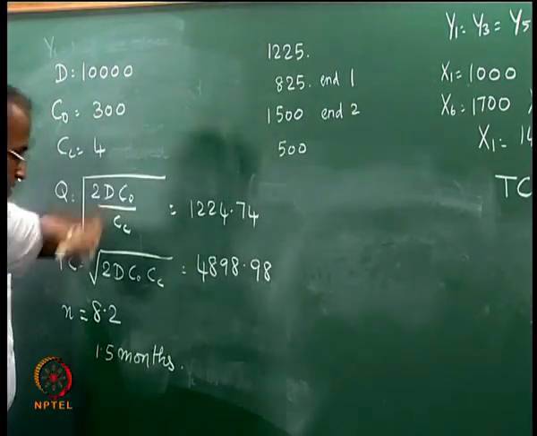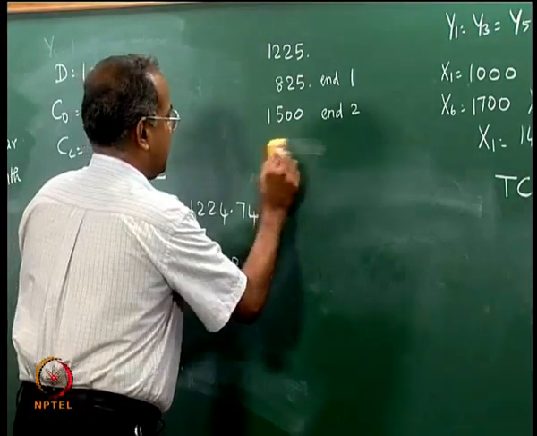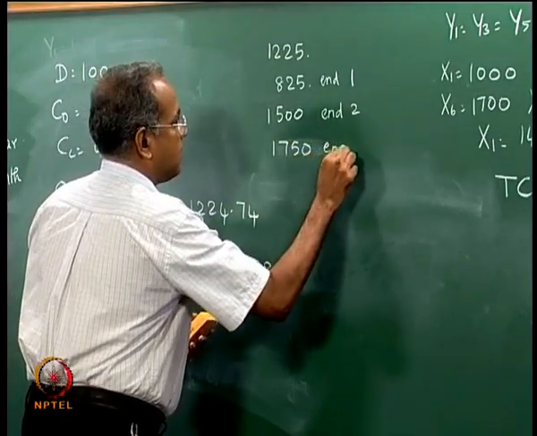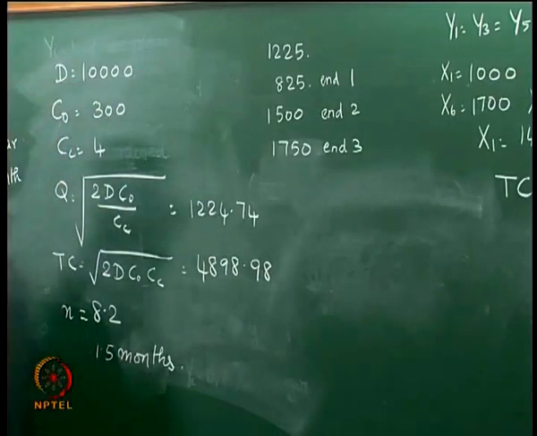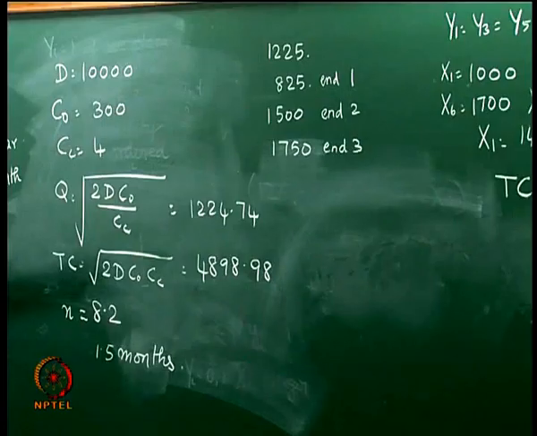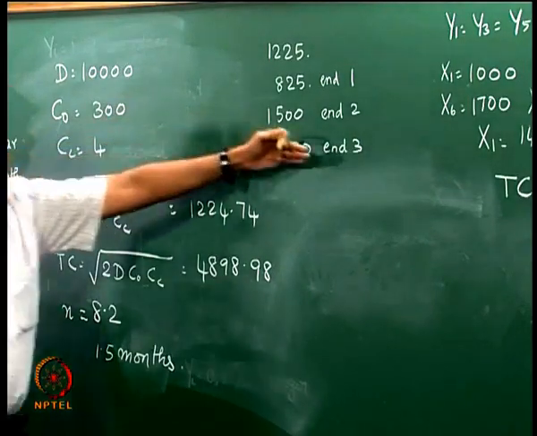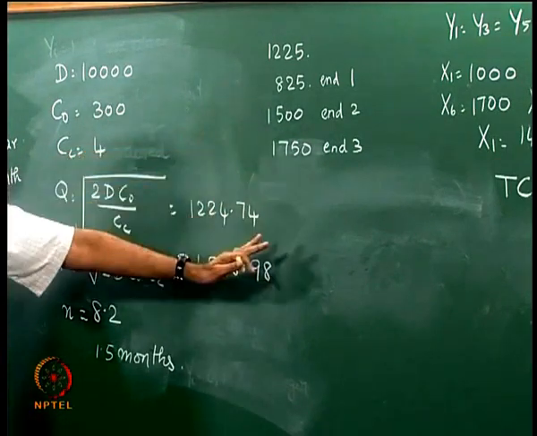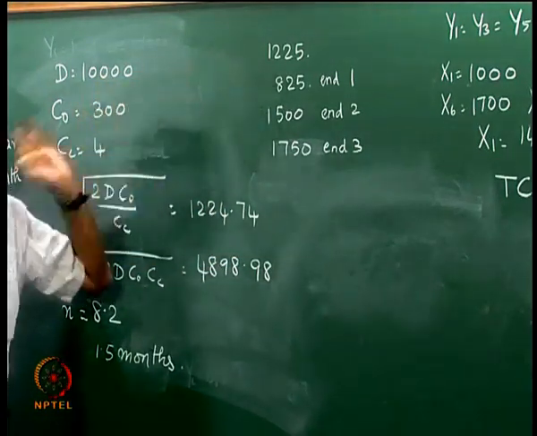So we will have 1750 here at the end of 3, that will be the inventory at the end of 3 and so on. So actually we would realize that we will be able to meet the entire demand by doing this. If we continue this kind of calculation, we will be actually able to show that we can meet the 12 months demand by suitably ordering this.